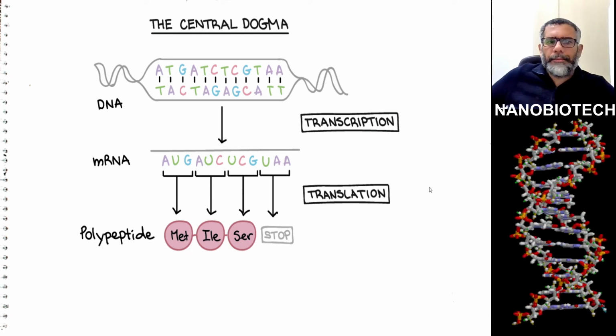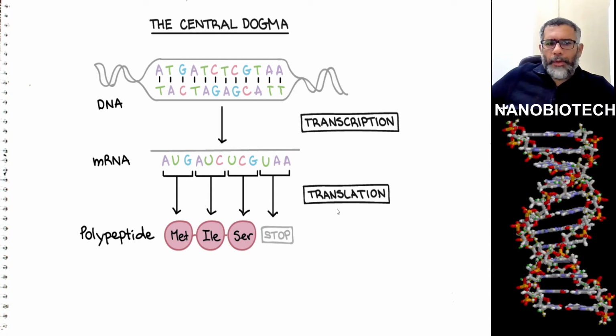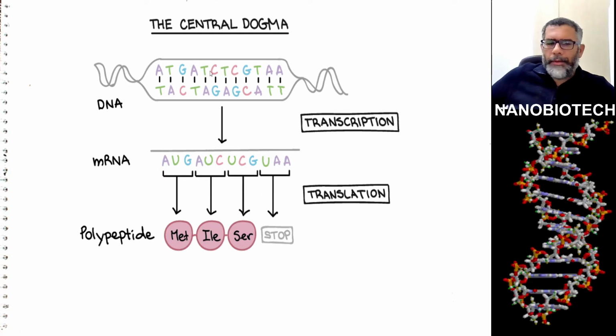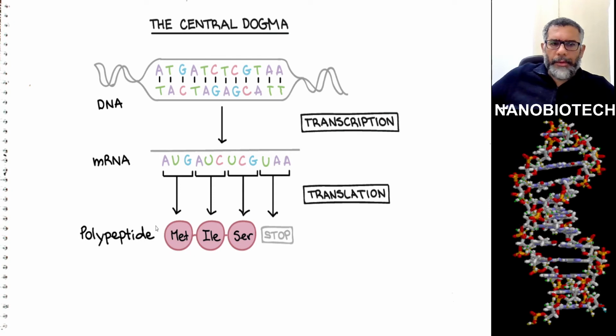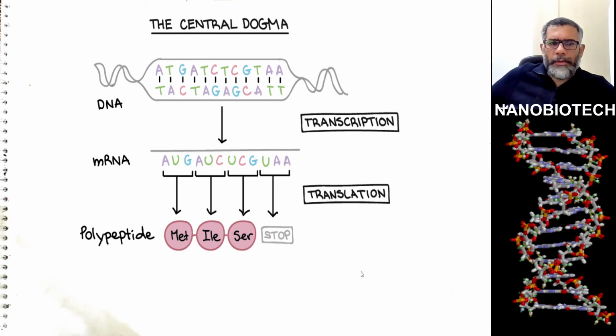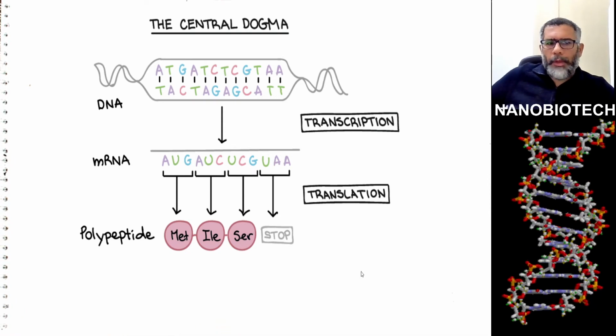Thus, during expression of a protein coding gene, information flows from DNA to RNA and to protein. This directional flow of information is known as the central dogma of molecular biology.